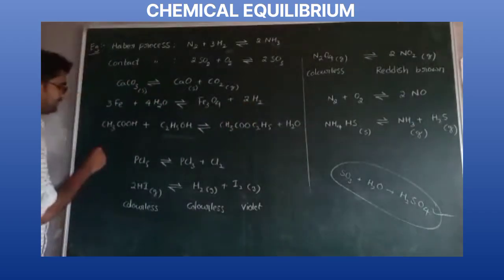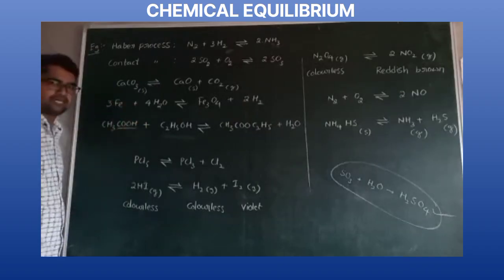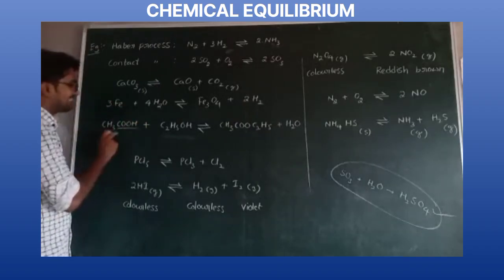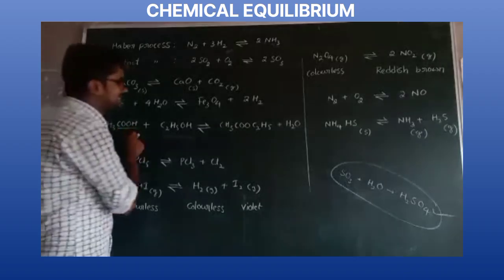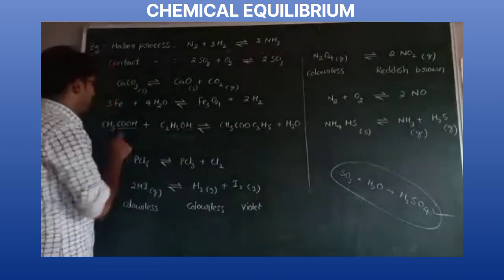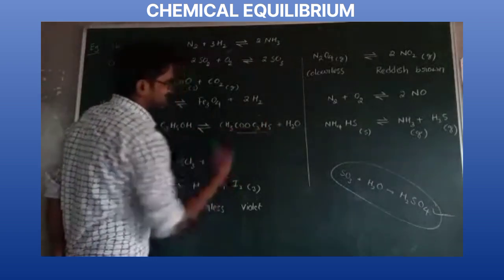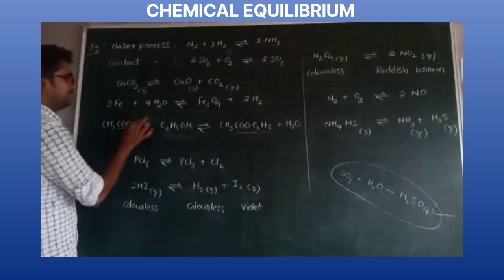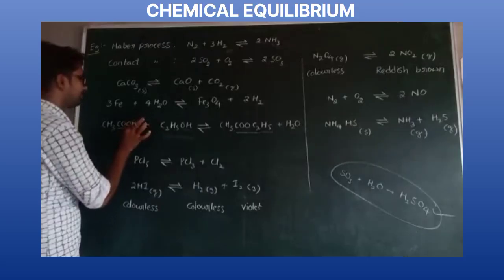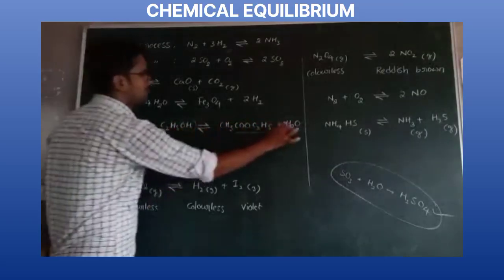Next, see this one. CH3COOH: COOH means carboxylic acid, so this is acetic acid. Acetic acid reacts with alcohol, ethyl alcohol. If acid reacts with alcohol, it gives ester. This H and this OH are combined together to form H2O.